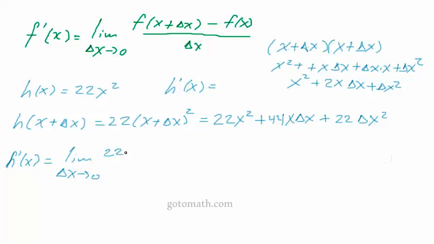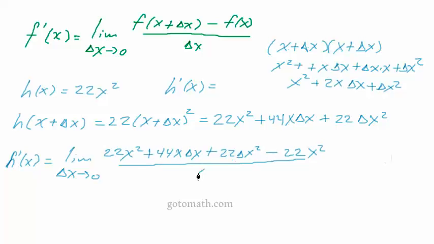So this is 22x squared plus 44x delta x plus 22 delta x squared minus the function, which is h of x, so minus 22x squared, and that's all over delta x.